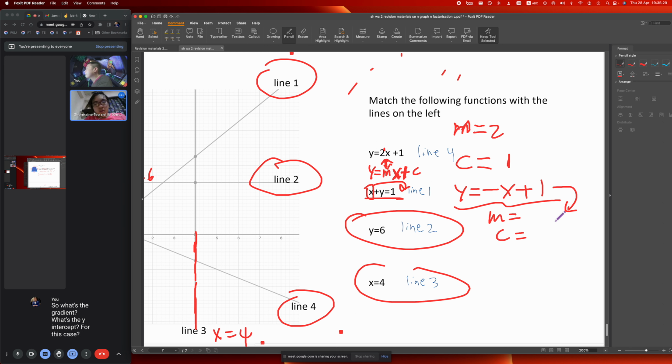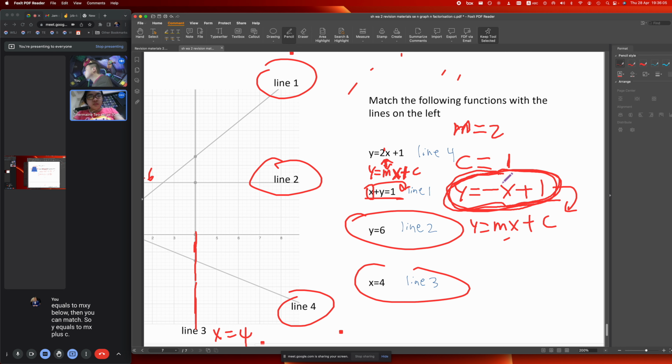You just write the y equals to mx plus c below, then you can match. So y equals to mx plus c, match.